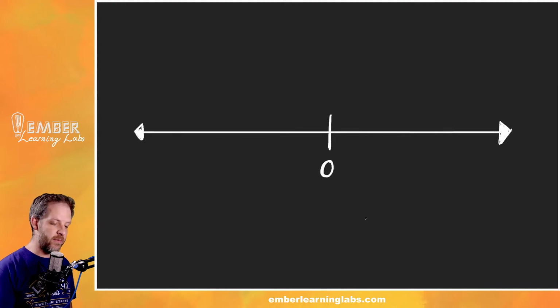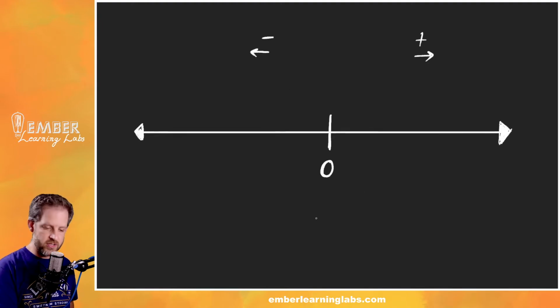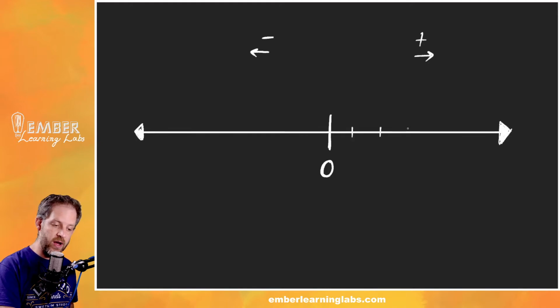Now, on a number line, positive numbers go to the right, and negative numbers go to the left. So it would look something like this. We would have marks. We'll learn later that you don't always have to count by ones. You can decide to count by whatever you want, but we'll talk about that later. For now, we're just talking about integers specifically.